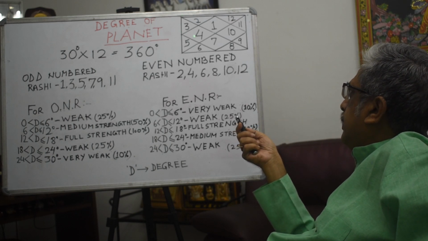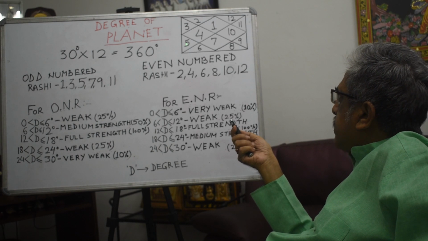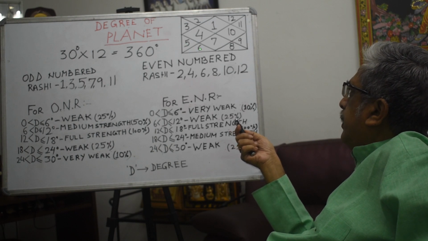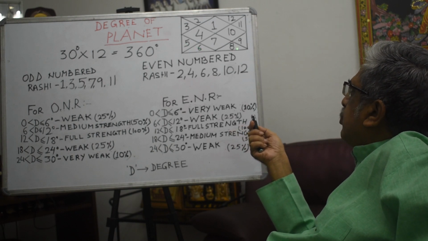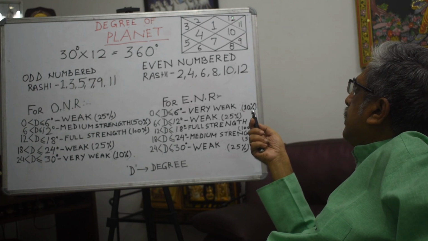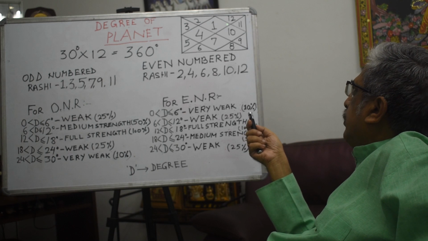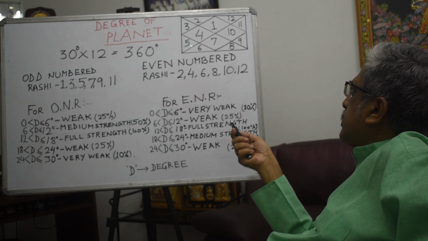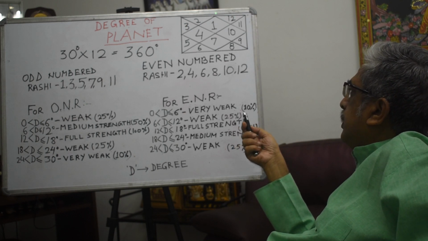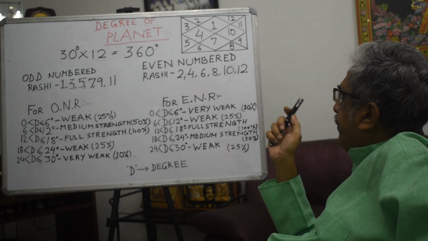Again 30 degrees, and at the end of the fourth house it is 120 degrees. So in each house it travels a distance of 30 degrees. By the time it reaches the end of the 12th house, the total distance traveled from the beginning point will be 360 degrees.